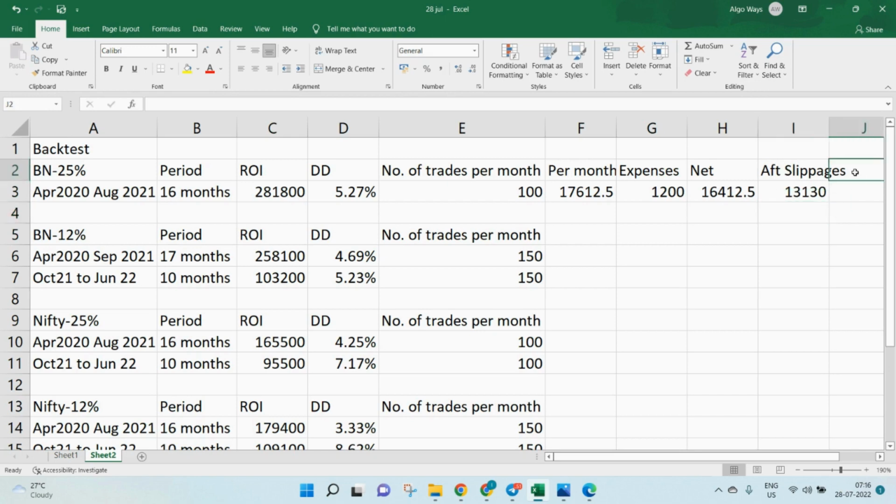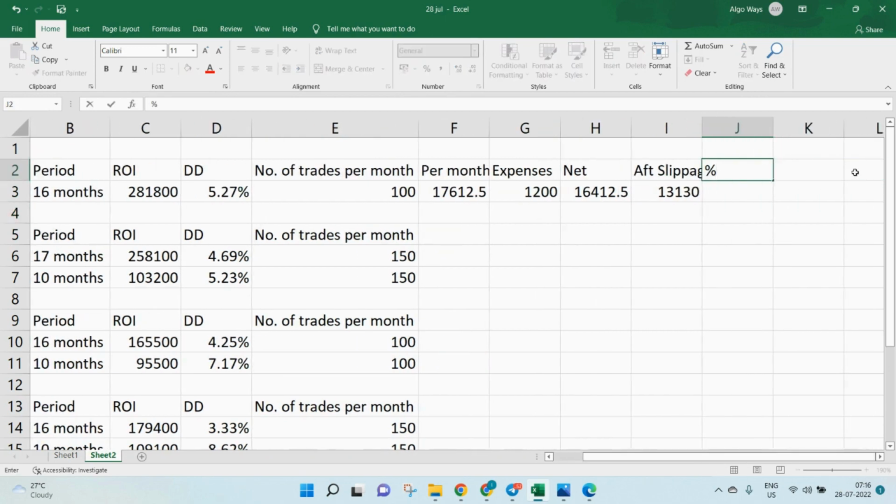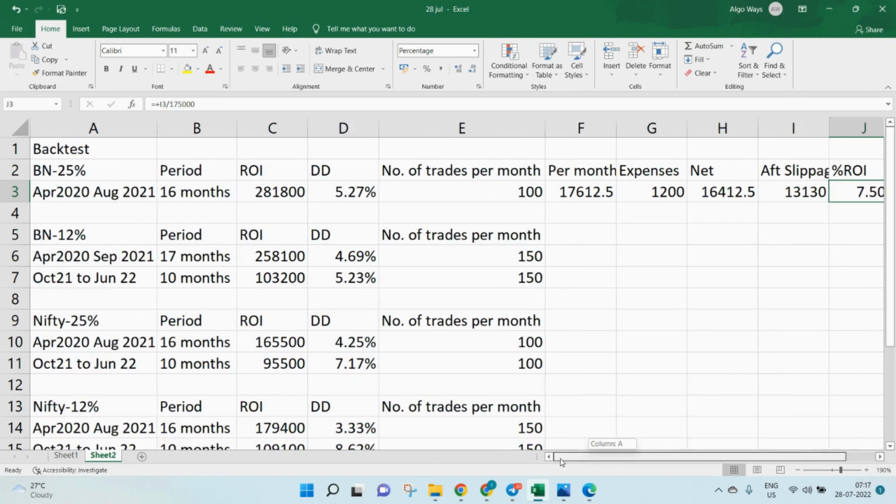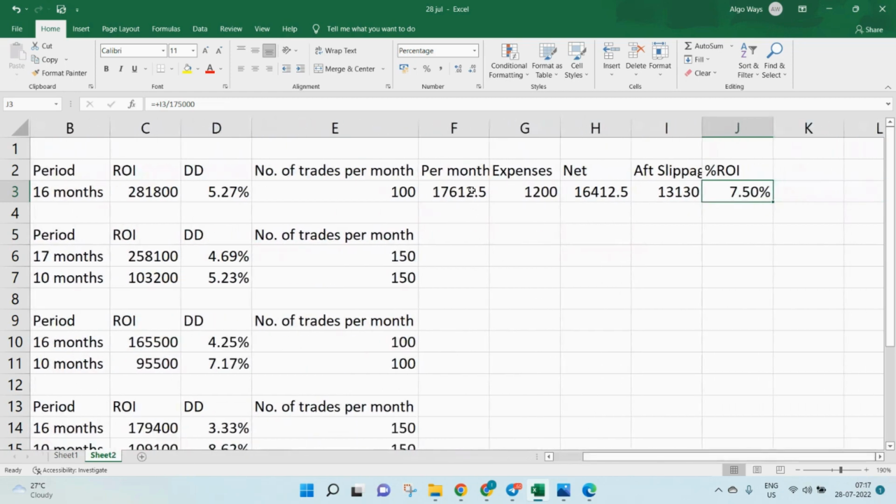This much. So percentage ROI on the margin deployed, this divided by margin deployment, will be 1,75,000 for Bank Nifty, and if we do hedges, we can do it in 1 lakh also. But I am considering the full margin. So this is the return for 25%, yes, the 25% case of Bank Nifty.